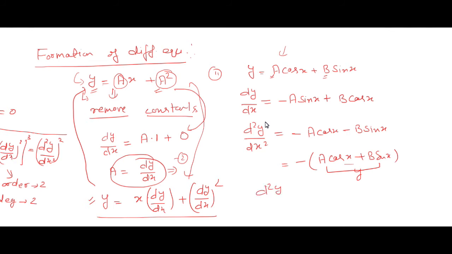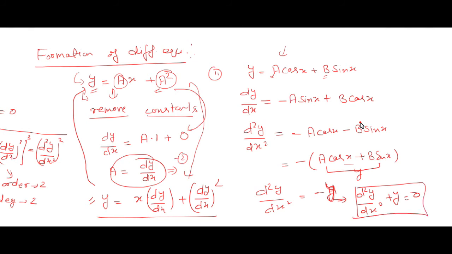So by putting y instead of this, you can remove these two constants a and b. So you will have d2y by dx square equal to minus y, and if you write this equation in ordered form, you will get d2y by dx square plus y equal to 0.